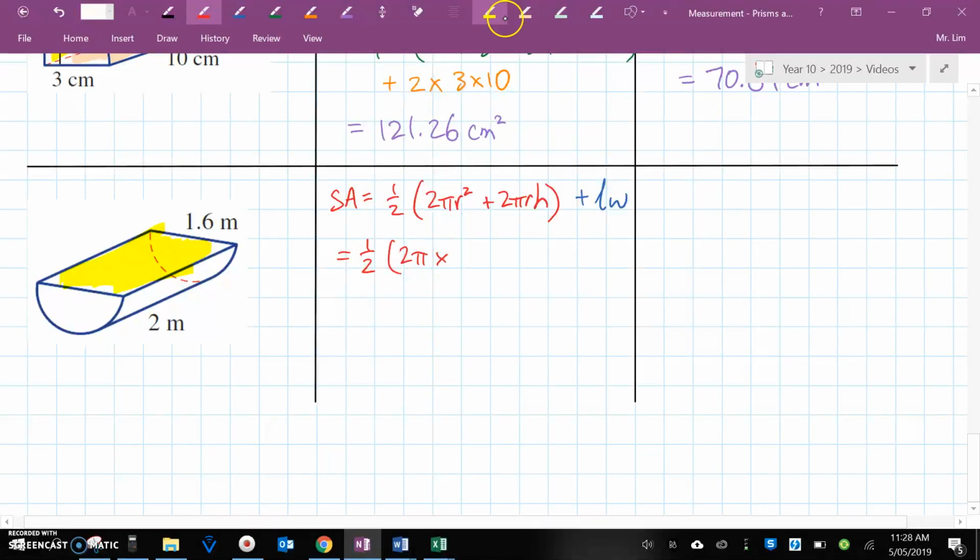The radius is not 1.6. 1.6 is the diameter. So the radius is 0.8, half of the diameter. 0.8 squared plus 2 pi times 0.8 times the height, which is 2. And then we need to add that rectangle. Length is 2, width is 1.6, and put that in our calculator.